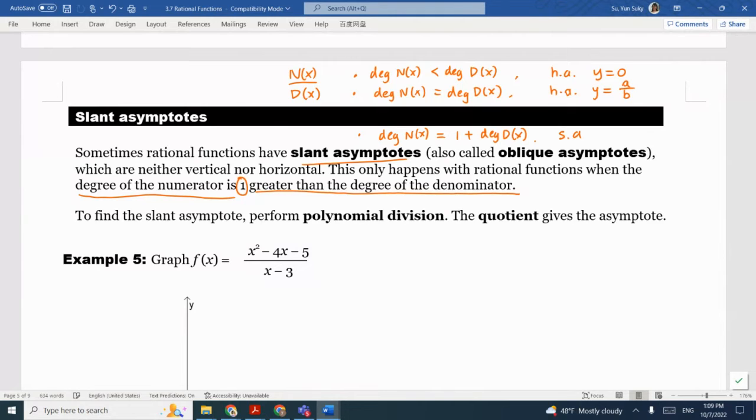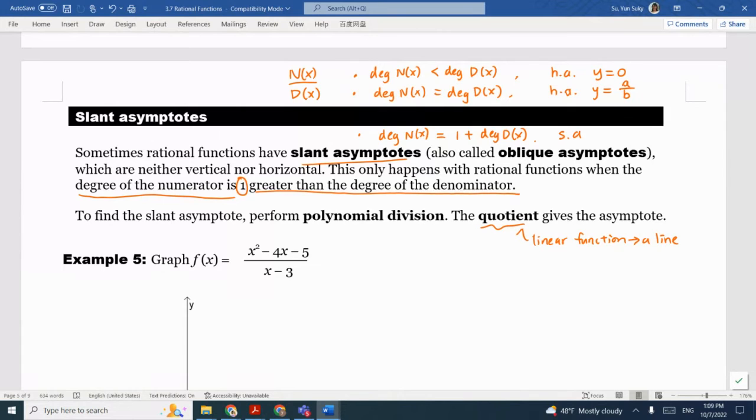The quotient gives you the asymptote. Because the degree of your numerator is 1 higher than the degree of the denominator, that guarantees your quotient is a linear function. So you get a line, and that line is the slant asymptote.